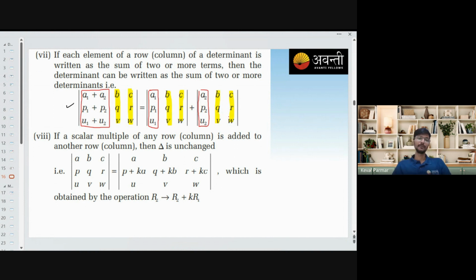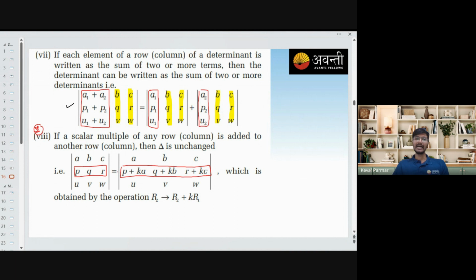And the last property, which is the most important, is that if in any row I used transformation, I hope you know what is meant by transformation, or linear combination with other rows.